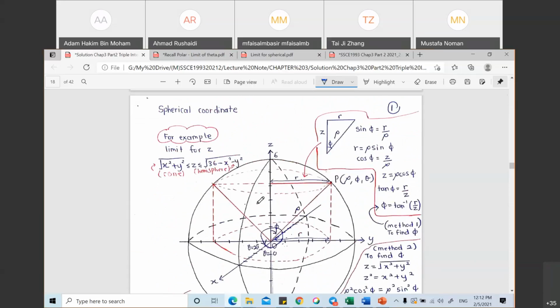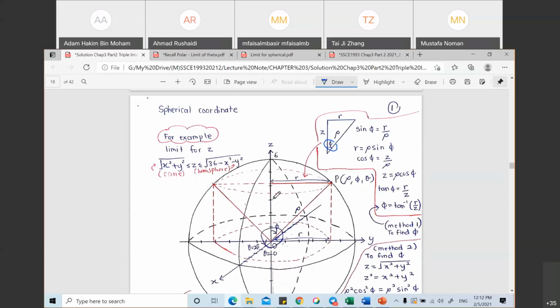If I have a cone and a sphere, we consider phi for Z. We will substitute the angle of Z as phi.